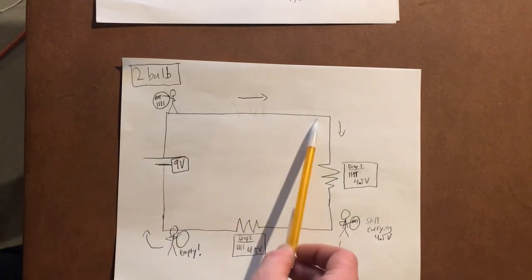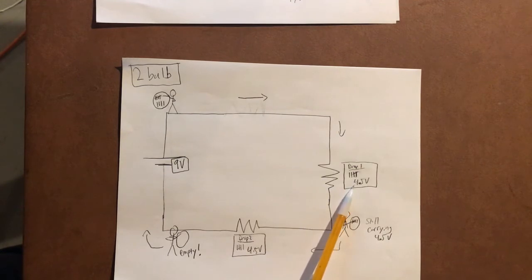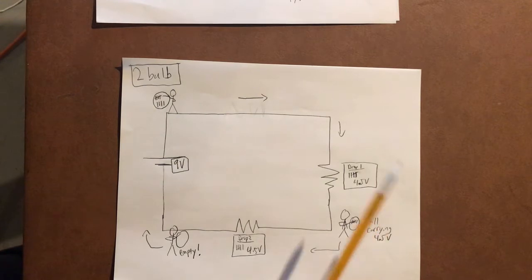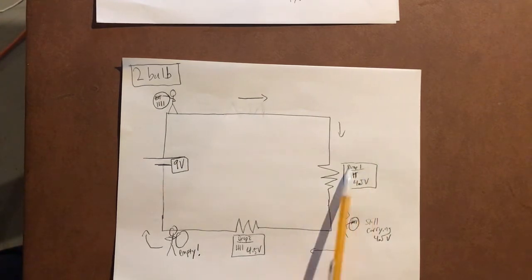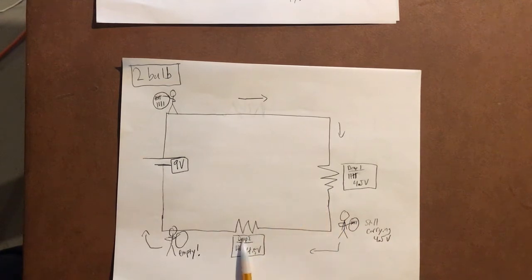It goes along the wire to the first bulb, and when it gets to the first bulb, it drops 4.5 of those pretzels. Why 4.5? Because it has more to drop off later. It can't drop off all 9. If it dropped off all 9 at the first bulb, the second bulb will get 0 volts, which means it wouldn't light.